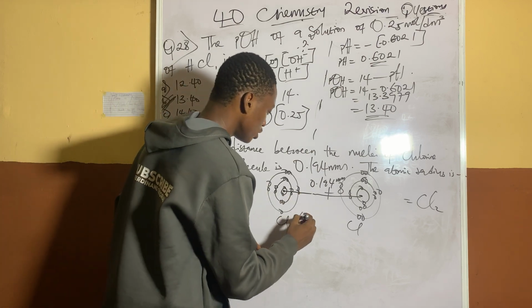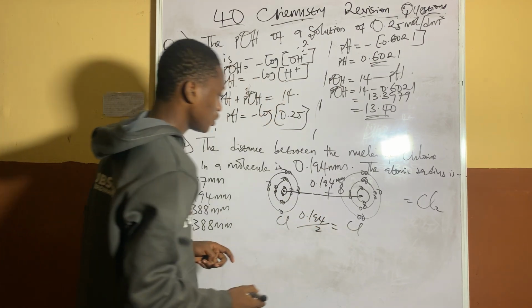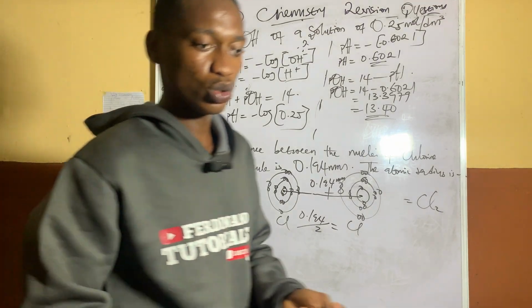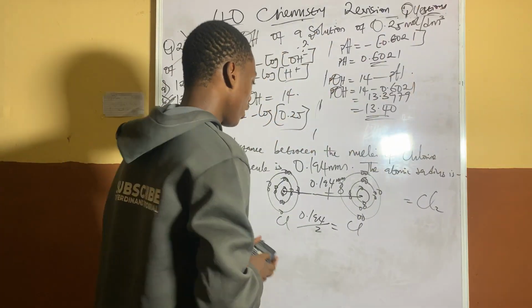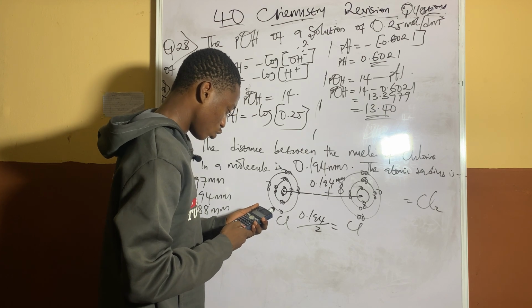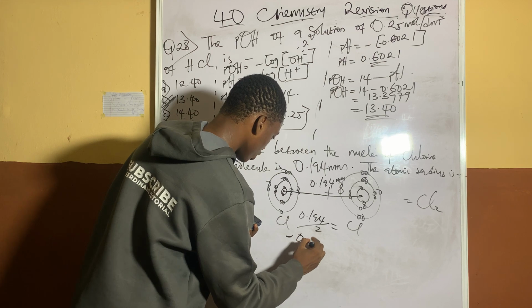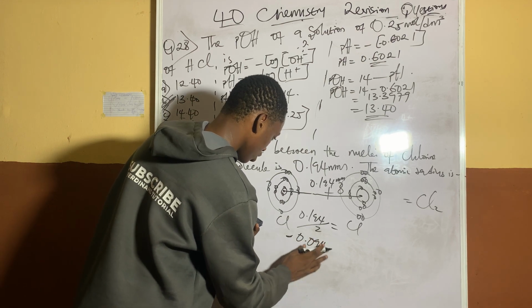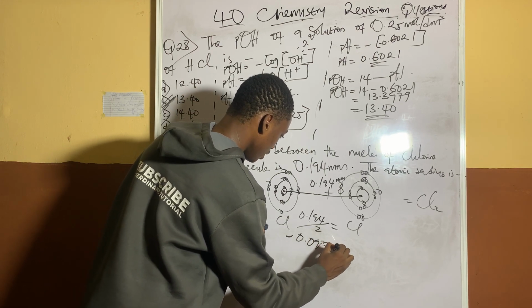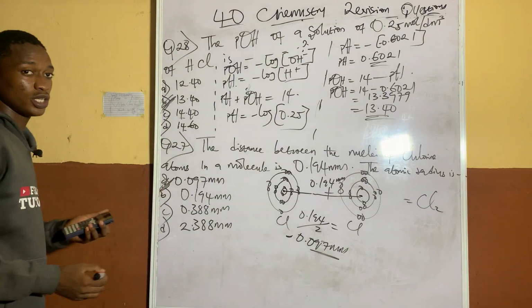That's when we come and say 0.194 over 2, which is equal to 0.097 millimeter. So the answer is option A.